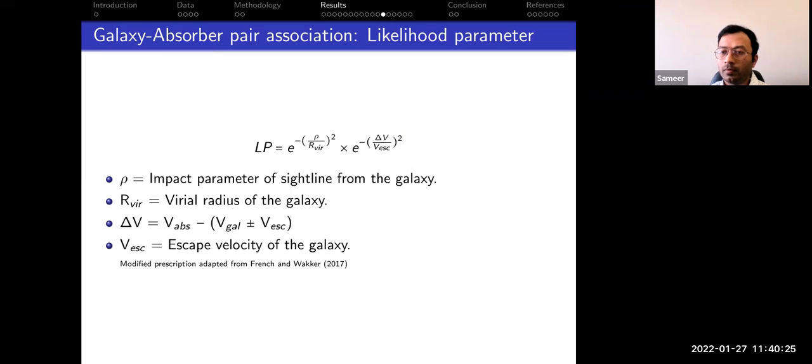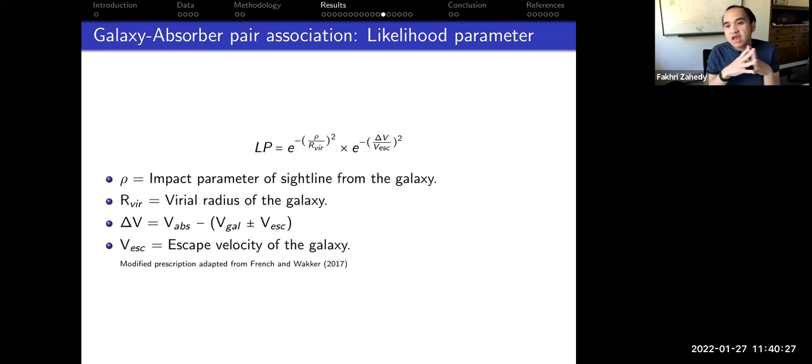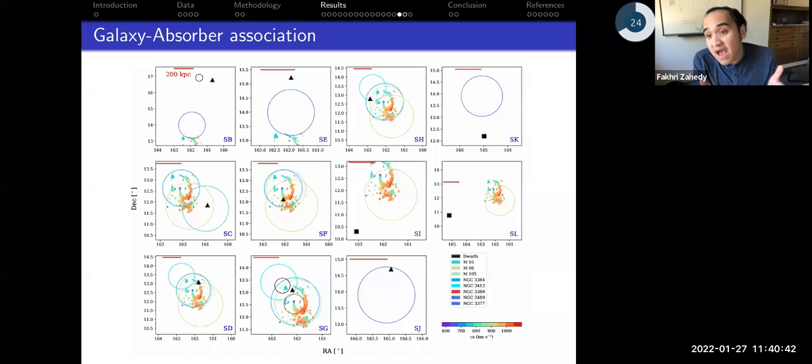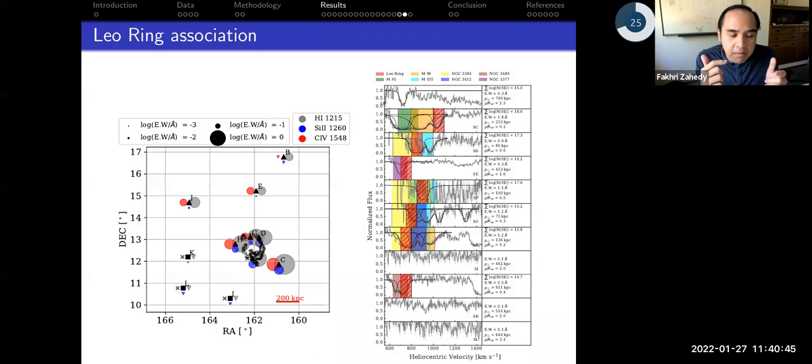In general, do you see any association kinematically between the gas in the Leo ring region and the nearest galaxy, or is it more complex than that? If it's stripping from the nearest galaxy, for instance, do you see any association with the kinematics of the galaxy itself and what you see in the gas?